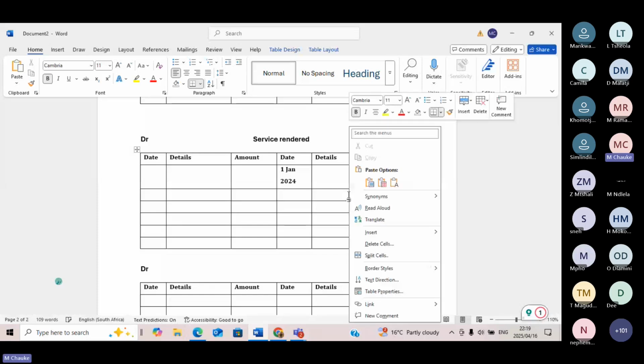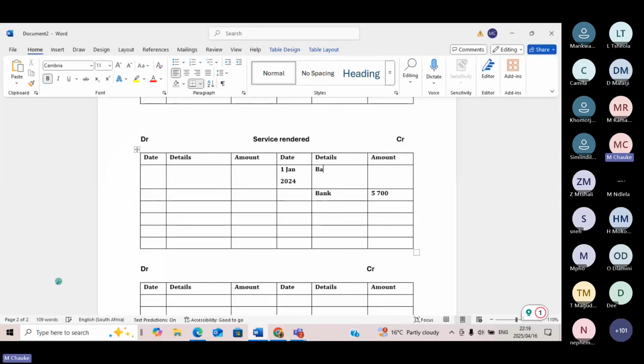Here we must have a balance, because remember, service rendered is an income account where it increases on the credit side.